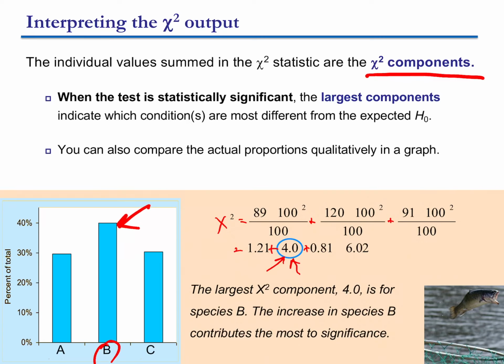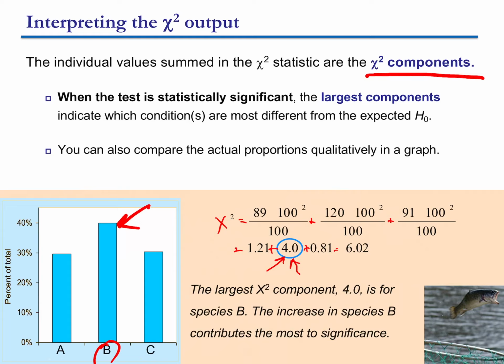We know that because the highest contribution, for species B, is telling us that, right? It is 4.0 of 6.02 of our chi-square statistic. It's accounting for most of our chi-square statistic. So something's going on with species B, right? Maybe it's out-competing the other species, or the other species are being overfished, or who knows, right?